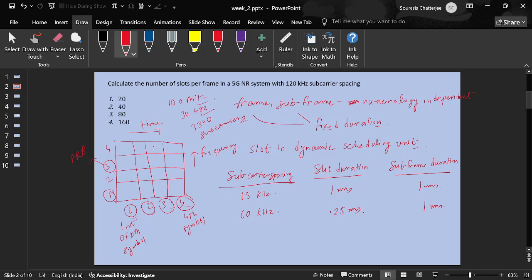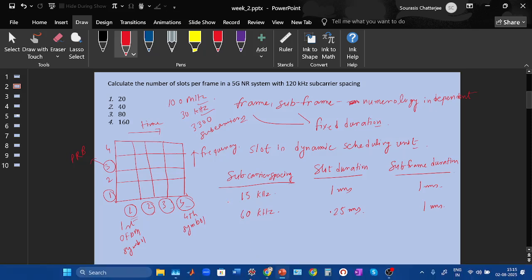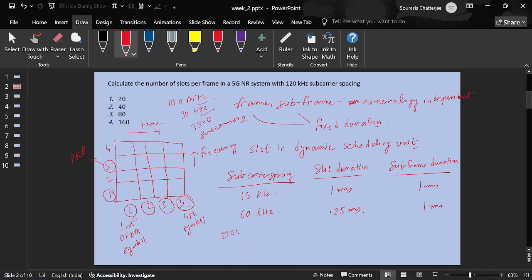So how many users maximum can you schedule in a slot? So 3300 by 12 into 14. Okay, this many users you can schedule.